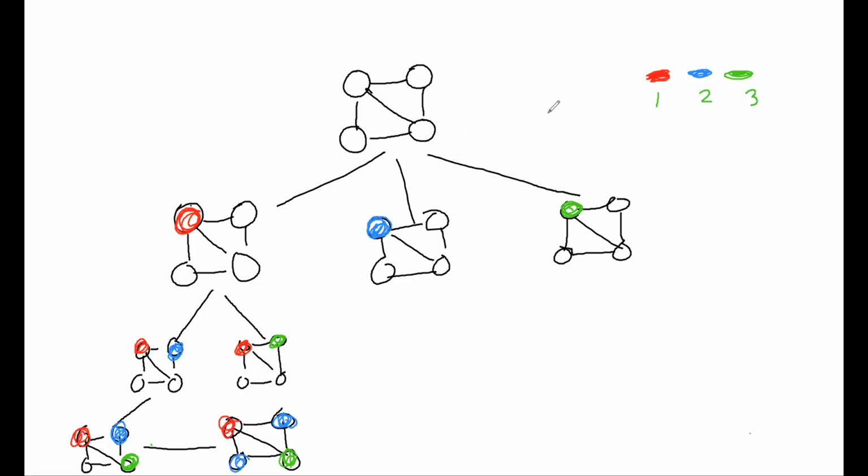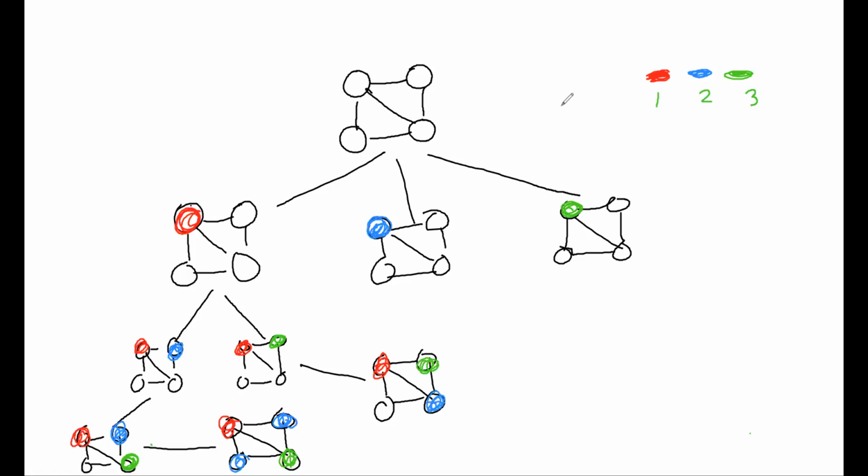So let's just go to this branch as well. Here you have, this is already red, this is green. Now what you can have here is blue, and again you cannot have, you'll have the diagonal.